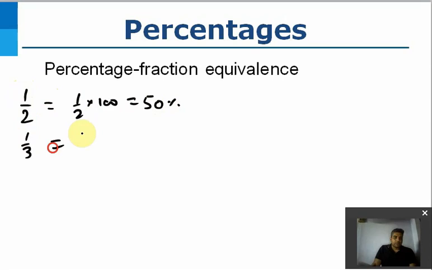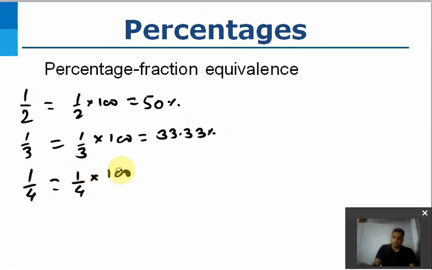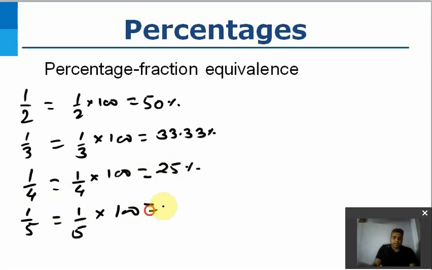Similarly for 1 by 3, it is 1 by 3 into 100 and you get 33.33%. In case of 1 by 4, it becomes 1 by 4 into 100 and you get 25%. 1 by 5 becomes 1 by 5 into 100 and you get 20%.